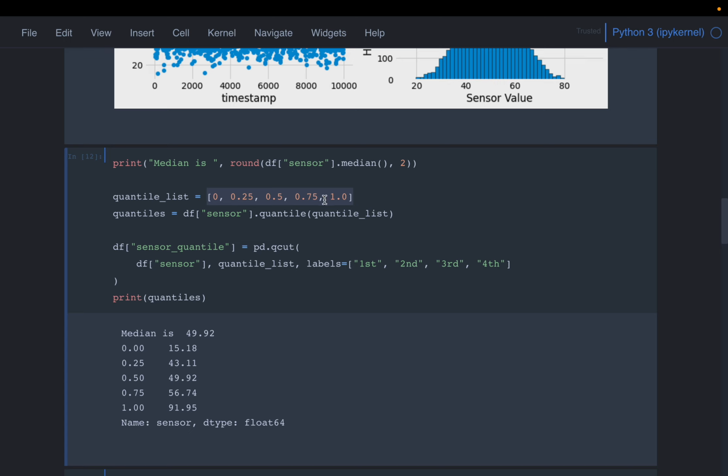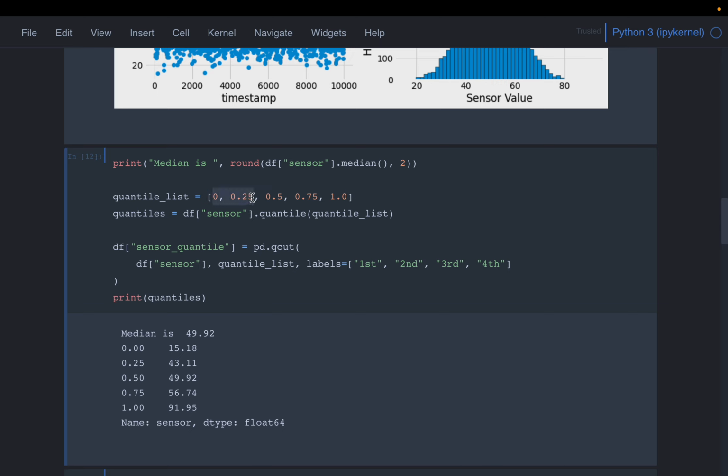Now here we are defining the quantiles. These are the default quantiles, but they don't always have to be these. I'll show you another example. Here we are going to divide the data into 4 bins, and each bin will have an equal number of values. Because we have 10,000 values, each bin is going to have 2,500 values, right?